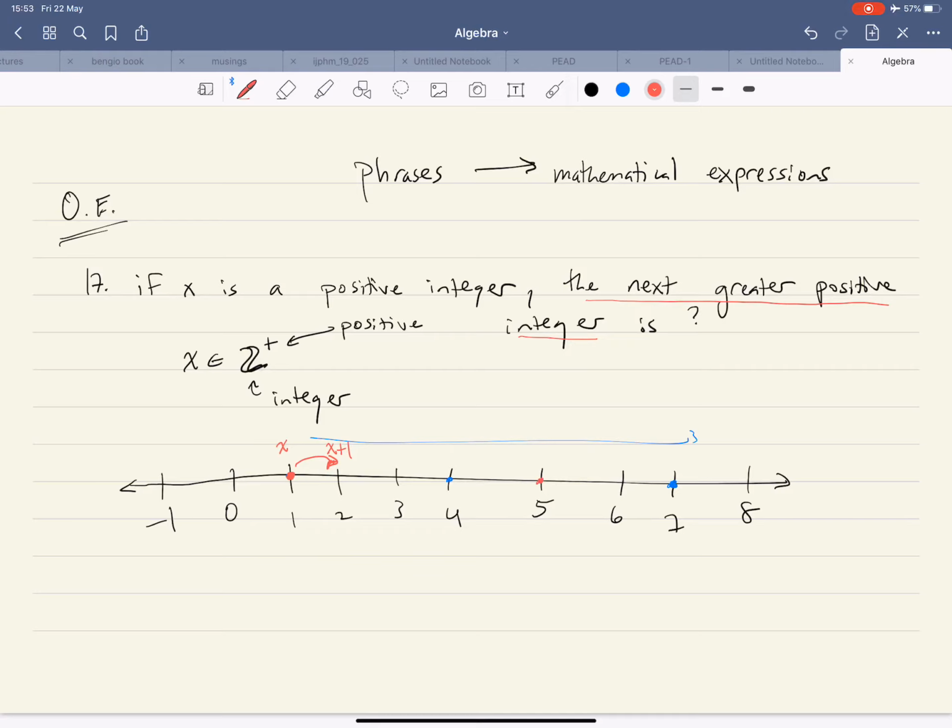If x had been 5, in order to get the next greater positive integer, I would again go 1 unit down the number line, and now I'm at 6, which is x plus 1. So that tells me that my answer is x plus 1.